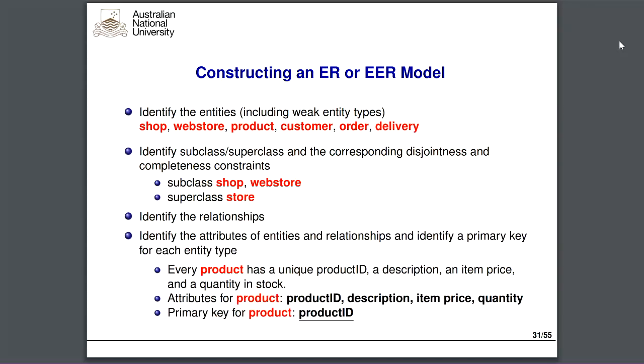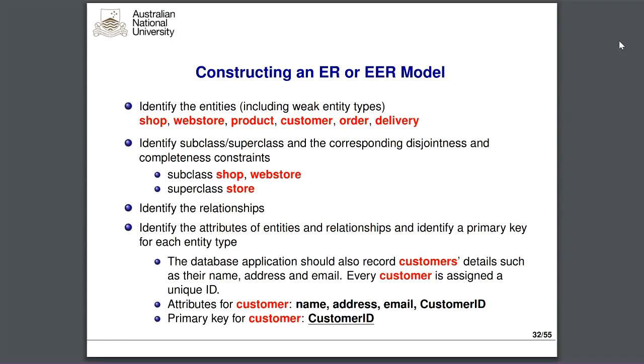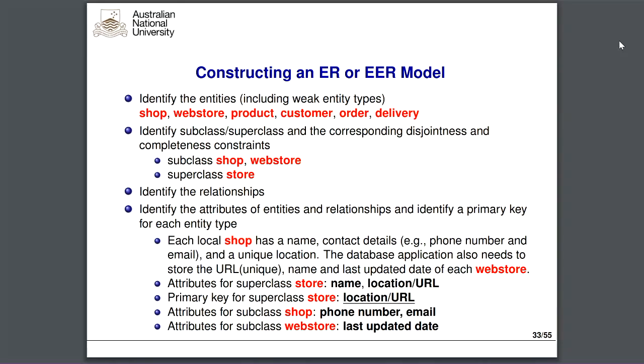Also identify the primary keys for the entities and relationships, because each entity has a set of attributes, and for each of these entities you try to identify a primary key. In this case, for product, you can use product ID as the primary key. For customer, you have customer ID, and you can identify that one as the primary key.